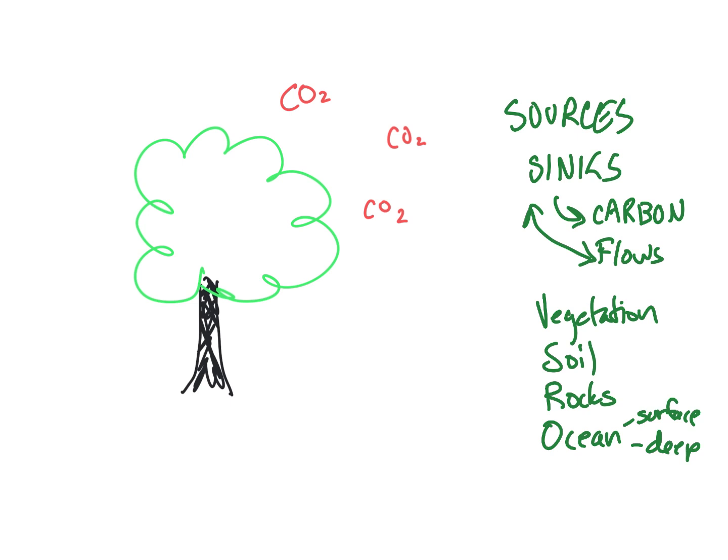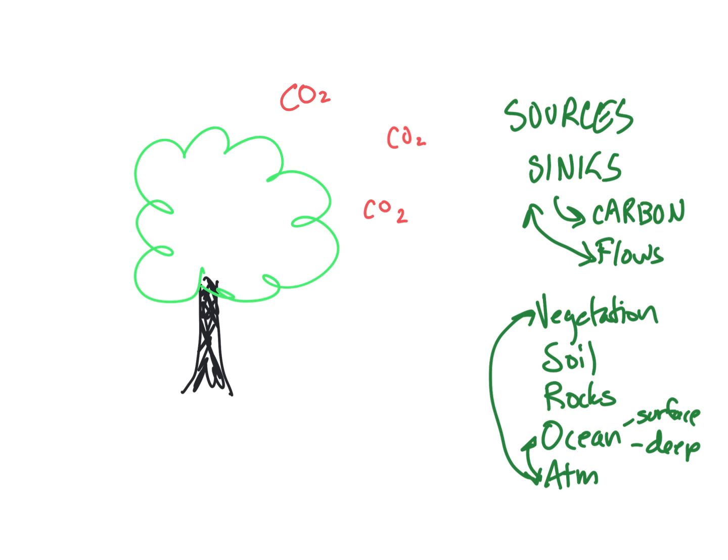And carbon is flowing between these different sinks and the atmosphere. So it's being exchanged between the ocean and the atmosphere and vegetation. And as I'm drawing all of these arrows, I hope that you're getting the impression that we can start to think about this in the context of residence time.